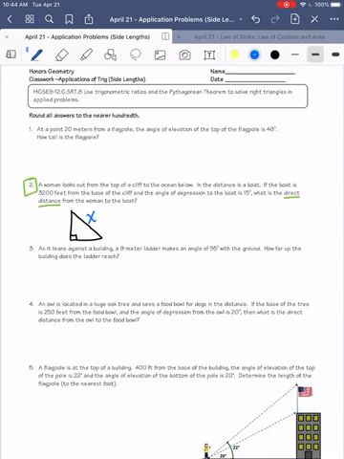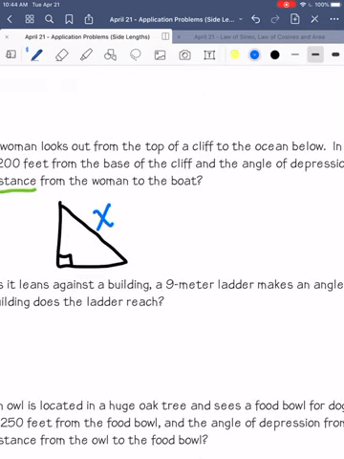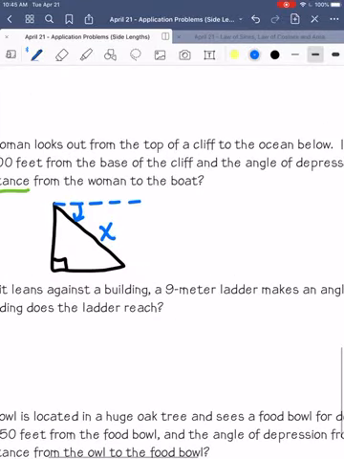All right, let's put in the angle of depression. I'm going to erase this and scoot it down a little bit. The angle of depression is drawn like this. How much was it? 15 degrees. But that does us no good for this problem.